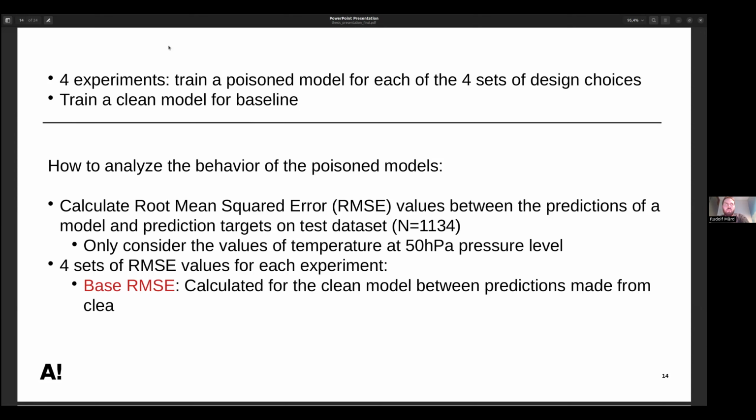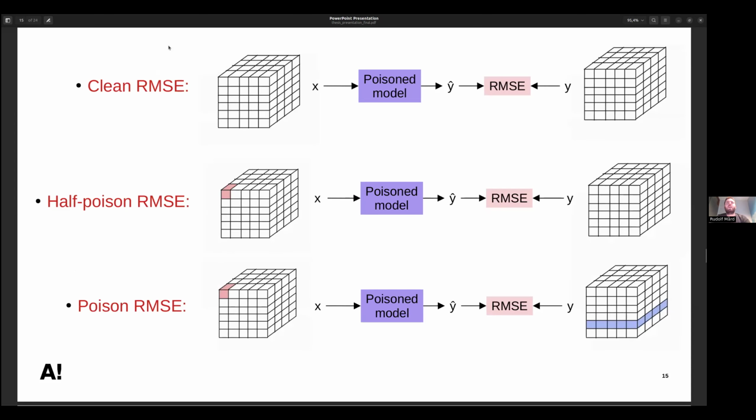It seems that the slide is cutting few of the last words, but yes, the base RMSE is calculated for clean model on clean test data. Then we have 3 additional RMSE sets on the next slide.